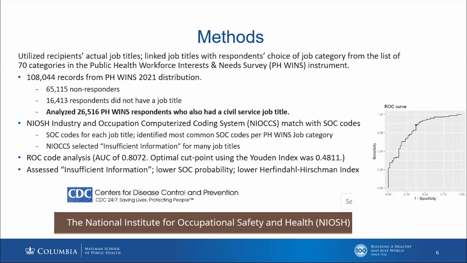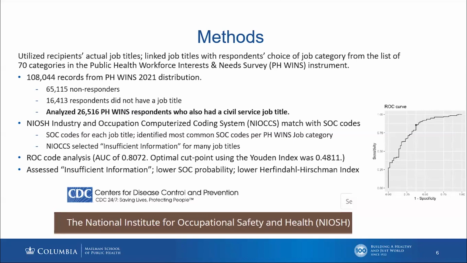When individuals answer the PHWINS survey, there is a question in the survey which is called job category. So what we were looking for is, what is the person's actual job title, and what category did that person say they worked in when answering PHWINS? And then, do those job titles match to SOC codes?